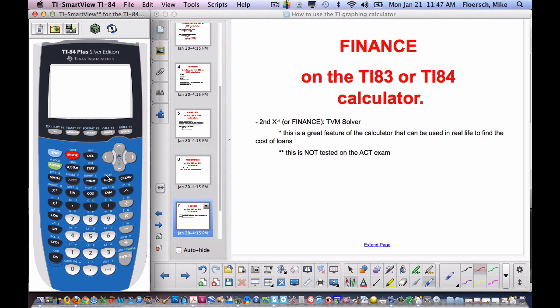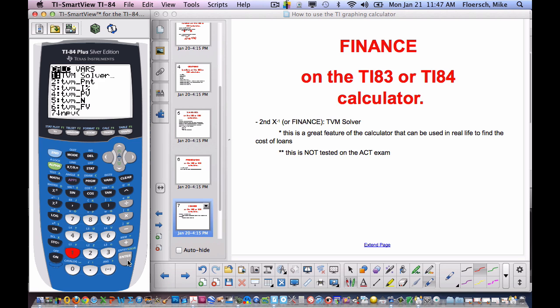Now, to get to this, it's under the finance button, which is second x to the -1. For some calculators it's under second x to the -1, which would be an 83. Or if you have an apps key, it would be under the apps key. Apps, then number 1, finance.